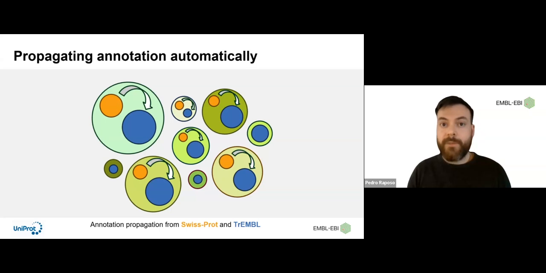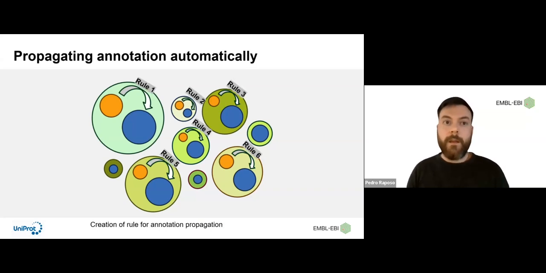This is because all proteins from the same group are very similar. And because SwissProt are the manually reviewed proteins, we can infer that the TrEMBL would have the same or similar annotations. So each time we infer information this way, we say that we have a rule for this propagation.